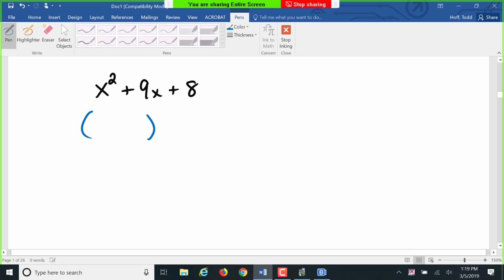No. So it's a trinomial, so we're going to try to break it into 2 binomials using that reverse multiplication, or FOIL in reverse. These first 2 digits are going to have to be x times x, because they have to make the x squared. These last 2 digits have to multiply to make 8. So it's 1 times 8 or 2 times 4.